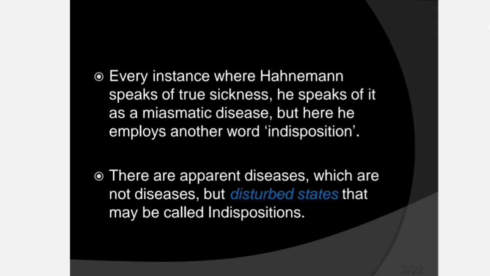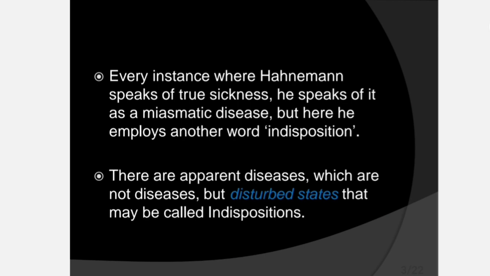So there are apparent diseases which are not true diseases. Apparent means you will have some symptoms, some external type of diseases, which are not actually true miasmatic diseases. Behind those diseases no miasm is responsible, but there is some disturbed state.